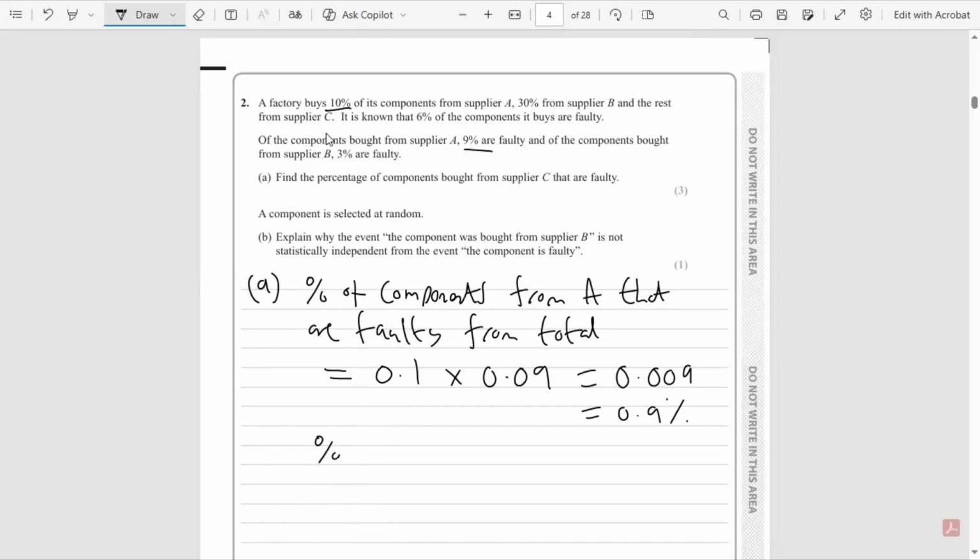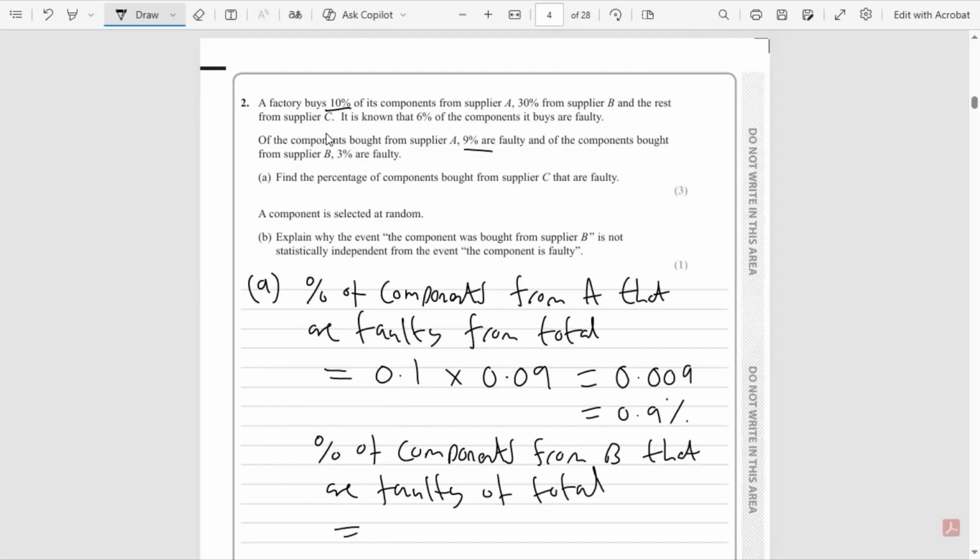Now we can do the same thing for B. So the percentage of components from B that are faulty, of the total. So again, we're going to look at the percentage from B. 30% come from B, but 3% of those are faulty.